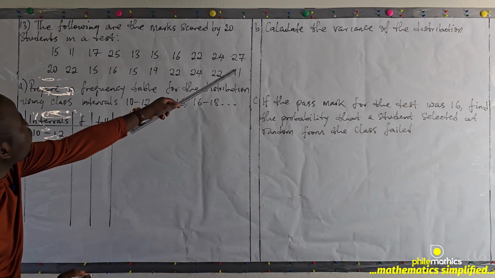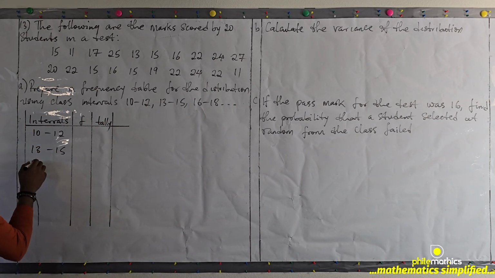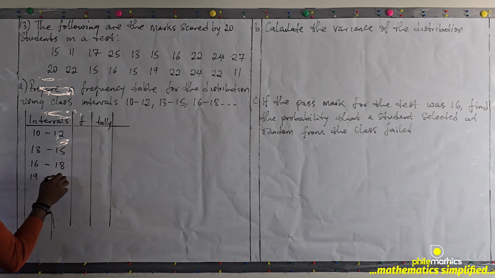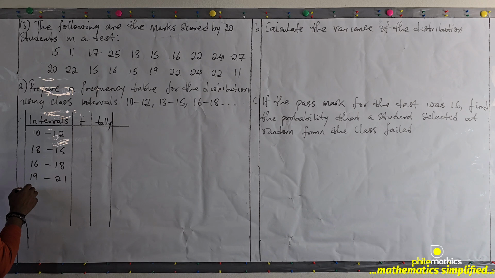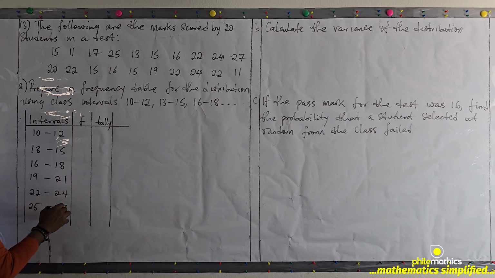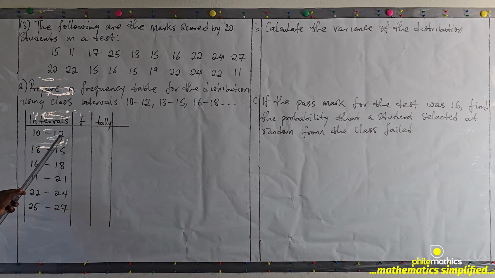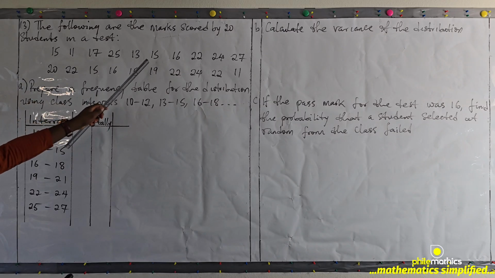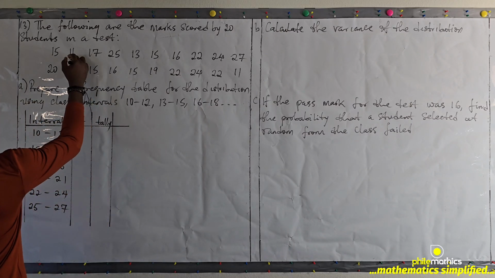The highest number is 27. 16 to 18, 19 to 21, 22 to 24, 25 to 27. And so from 10 to 12, let's look at the frequency. 10 to 12, 1.